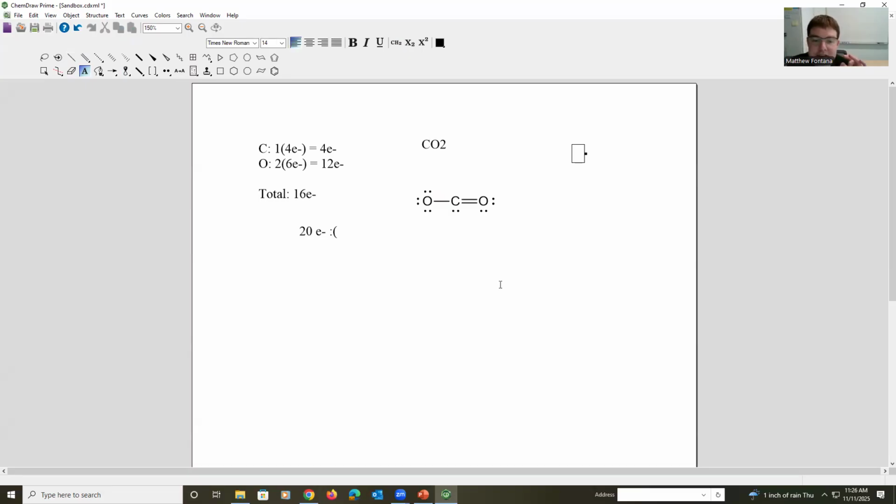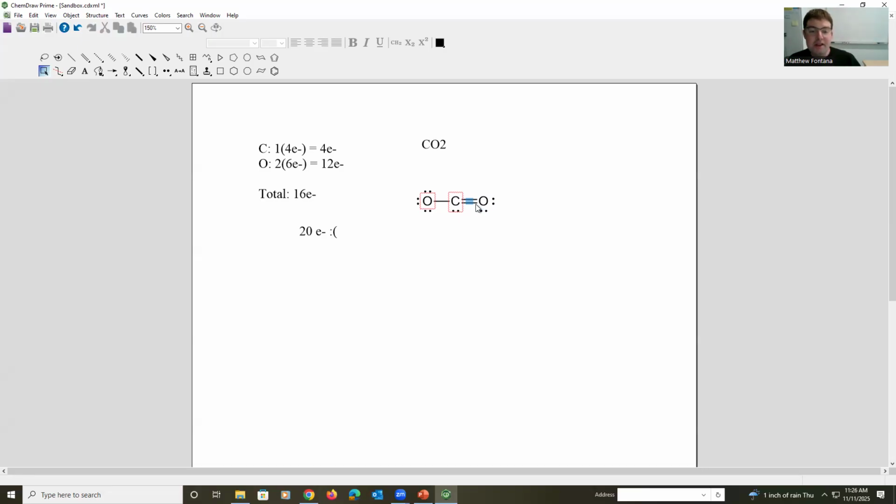So what I've done here is I've taken away a lone pair from oxygen, I've taken away a lone pair from carbon, and then I have put between them the sharing of 2 electrons. And that extra shared pair is what we call the double bond. So as written here, carbon and oxygen have a double bond where they are sharing a total of 4 electrons, because each line counts as 2 electrons.